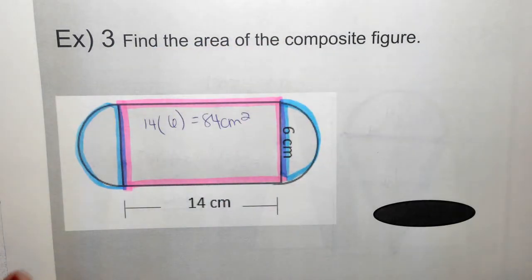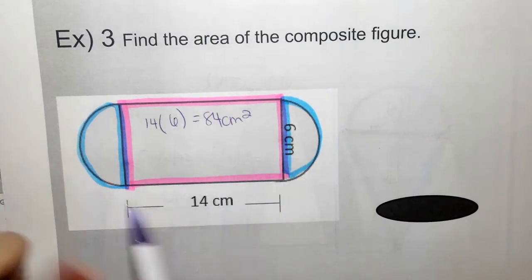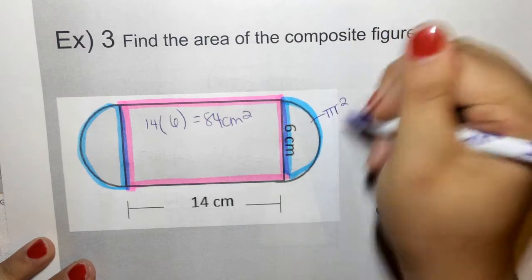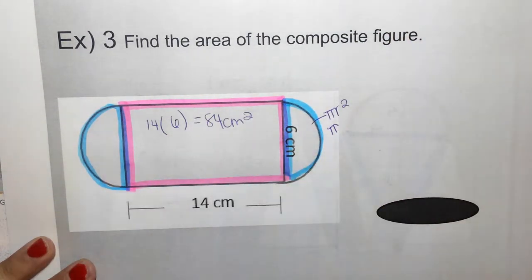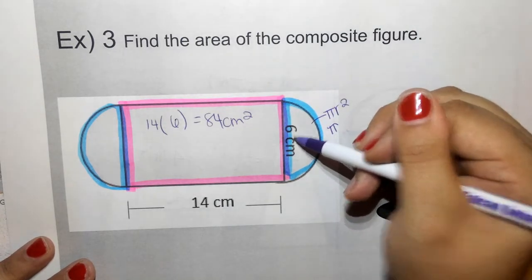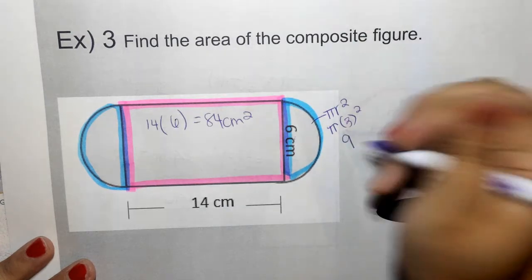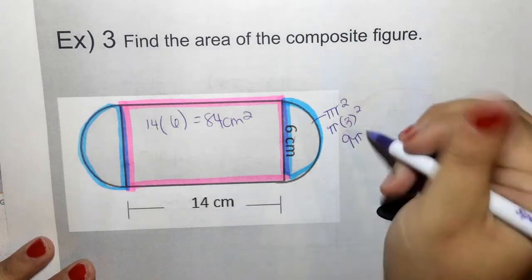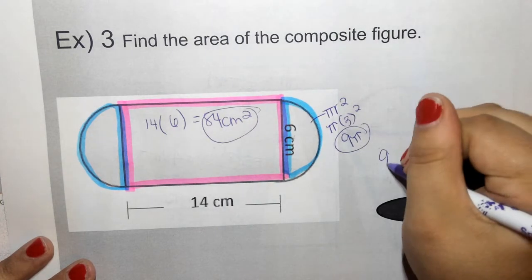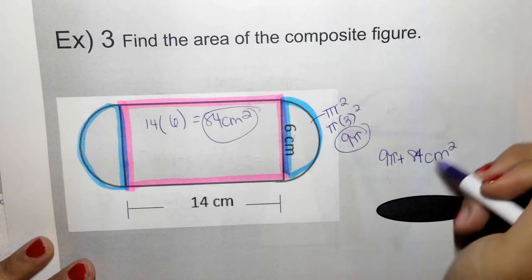I have 2 semicircles, so would you agree that that gives me 1 circle? So then I could just do pi r squared, instead of 1/2 and then times 2, which is the same thing. So what's my r? Be careful, the diameter is 6, so my r is 3. And what's 3 squared? 9 pi. So what do I do to these two things? I add them. So it's going to be 9 pi plus 84 centimeters squared.